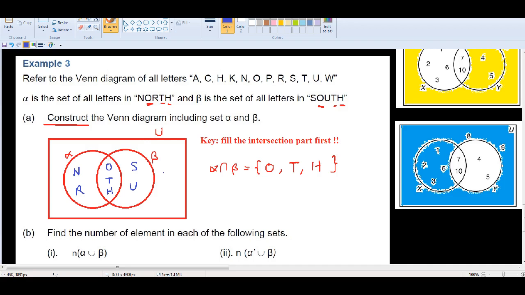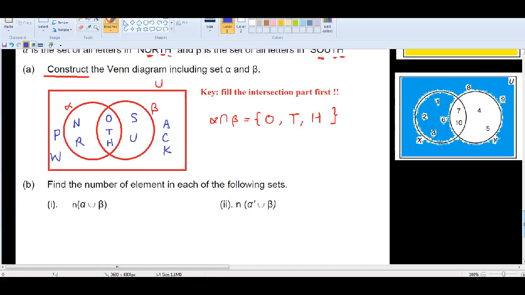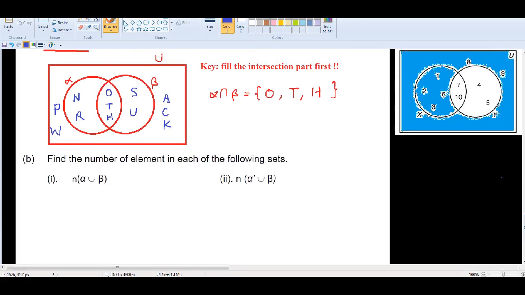Of course A is not inside our circles, C is another one, H is there, K, N is already inside, O is already inside, P is not there, R is already inside, S is already inside, T is already inside, U is already inside, W. All good. Then the rest of them are very easy.